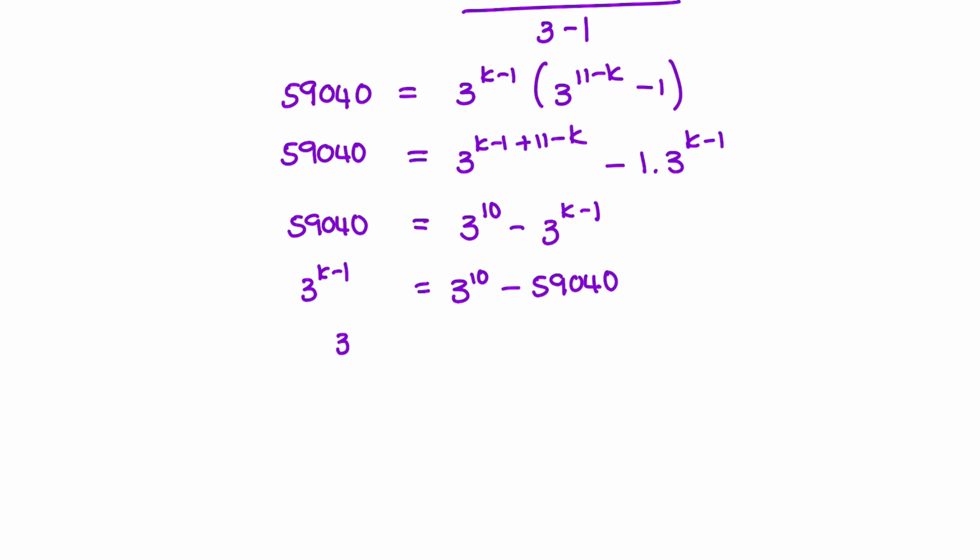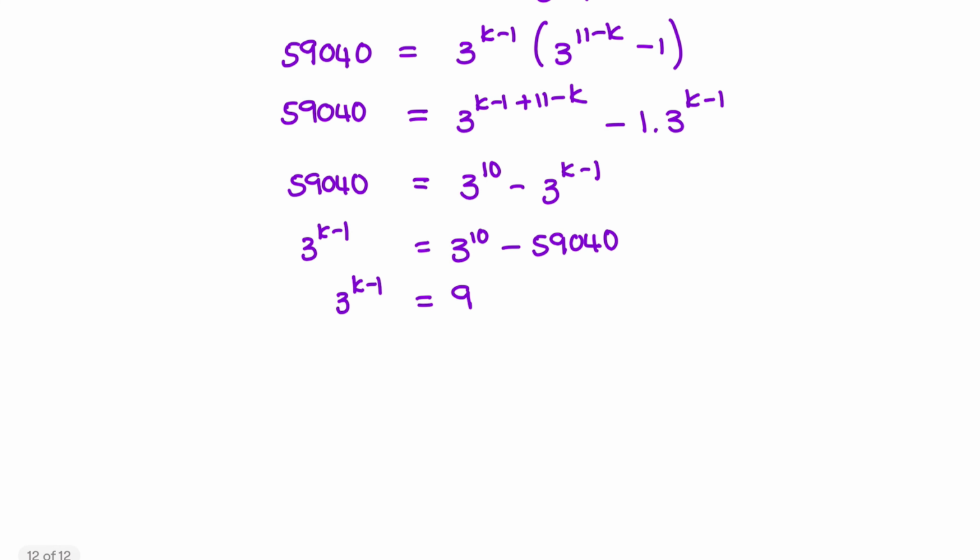When I use my calculator, I get 3 to the power of 10 minus 59,040 is equal to 9. Now it's pretty simple. I can rewrite 9 as 3 to the power of 2, and I have 3 to the power of k minus 1 on the left. Therefore, k minus 1 is equal to 2, and therefore k is equal to 3.